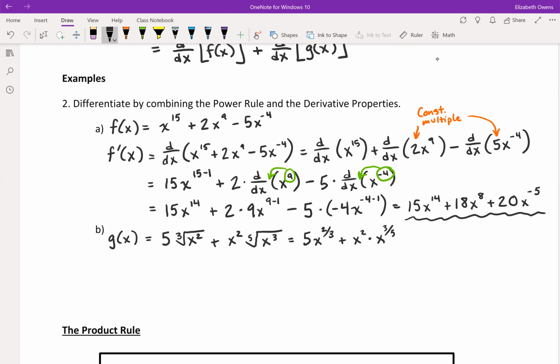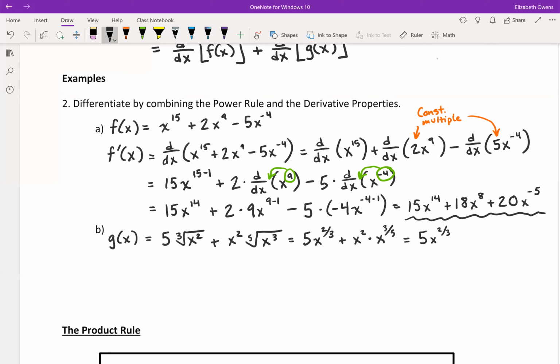And now a little more rewriting because we're not quite there yet. All right, the 5x to the 2/3 is okay. We've got a constant multiple right here, and then this can be handled with the power rule. So that term's all right. But we don't have anything for multiplying two terms with x's. This is not a constant multiple because it's got the variable in it.